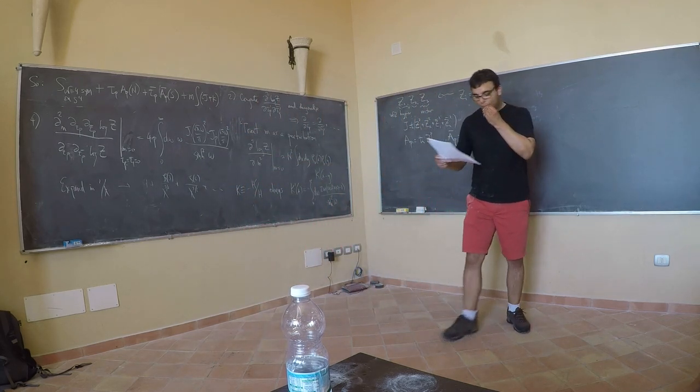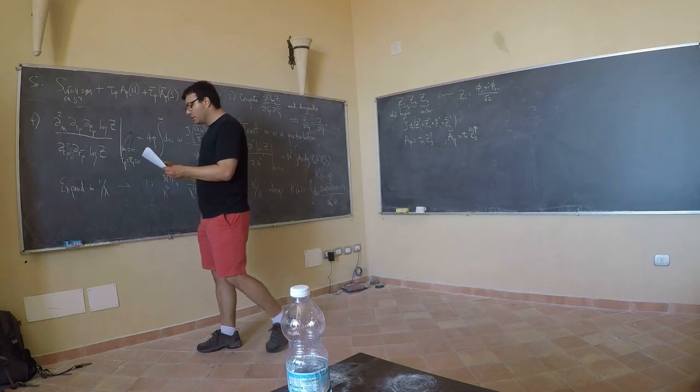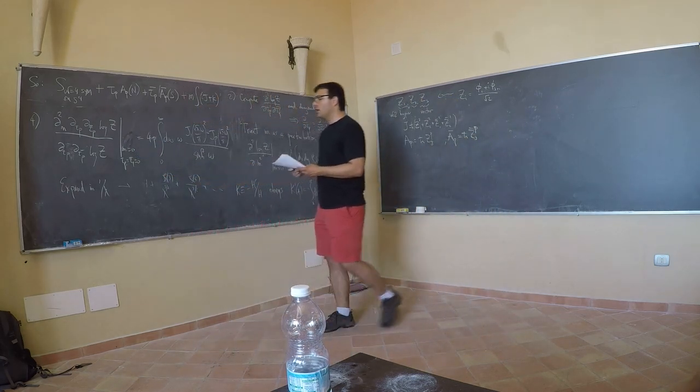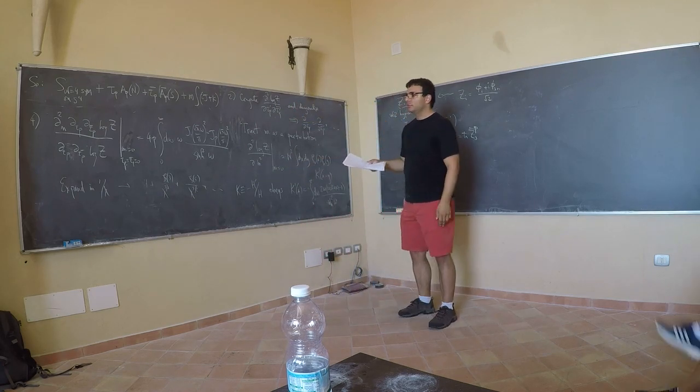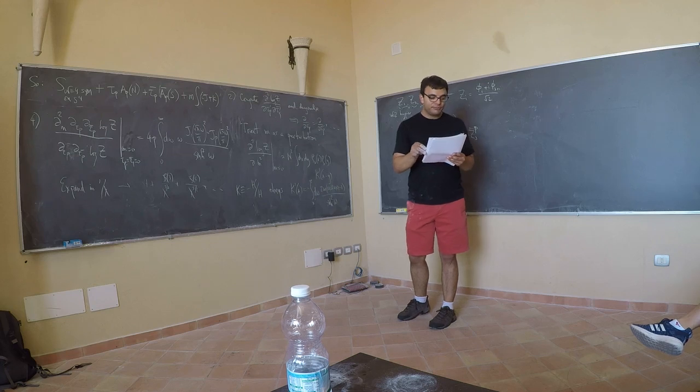So this is how this modified partition function knows about the zeta of 3s and zeta of 5s that appear in the string scattering amplitudes.